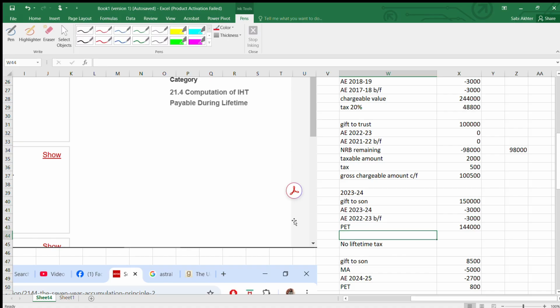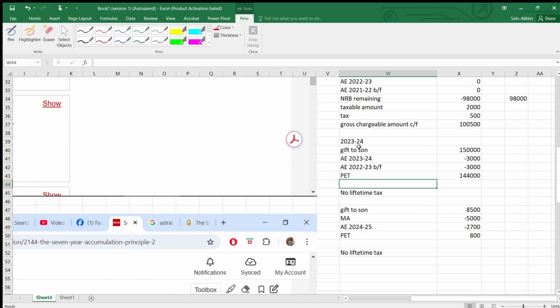Now the last gift, also in the same tax year, which is gift to trust. Same tax year 23-24. Gift to trust, which is 110,000. This time you don't have any annual exempt amount, because already in the same tax year, the gift to son, you have utilized it, and you have used the previous year's annual exempt amount also, the brought forward 22-23. So you have no annual exempt amount remaining here.